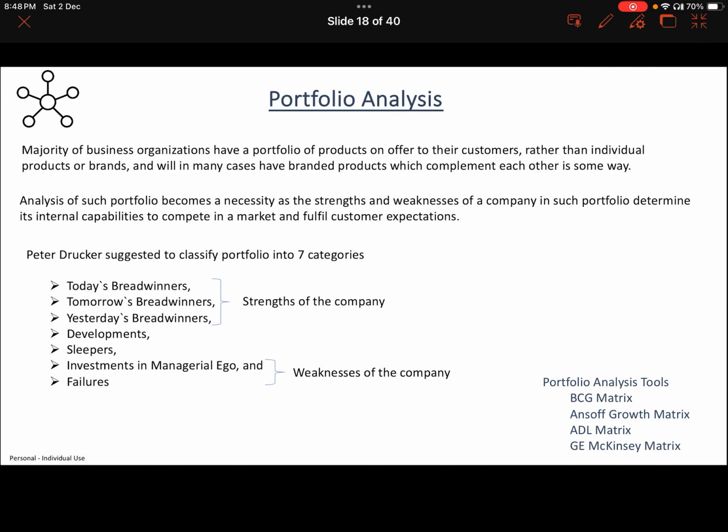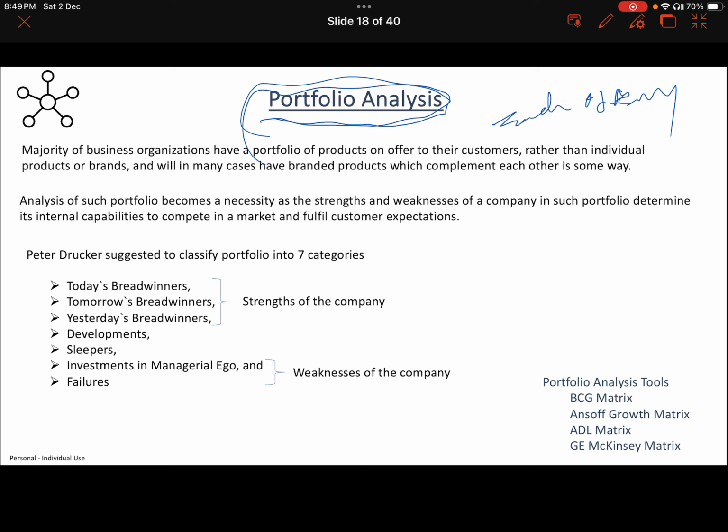So portfolio analysis means it is an analysis of each and every product of a company. Which product is good, which product is doing well, which product they have to focus on or which product they have to introduce. All those decisions will be taken with the portfolio analysis, right?